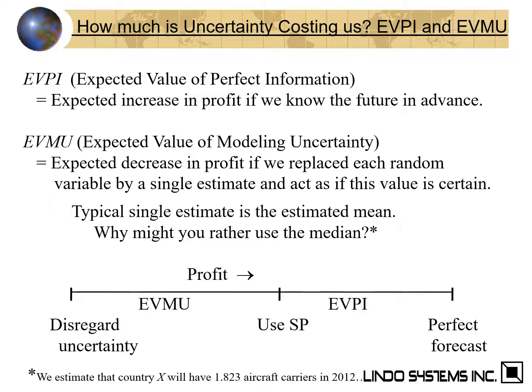And that may not be a good thing to do if demand varies between 40 and 200. EVMU, expected value of modeling uncertainty, is how much more money you make by taking into account the probability distribution as opposed to just using expected values and acting as if all your forecasts were perfect when in fact they are not.